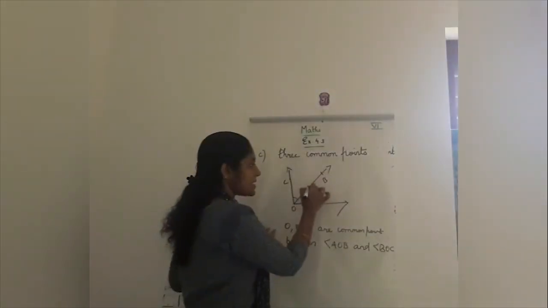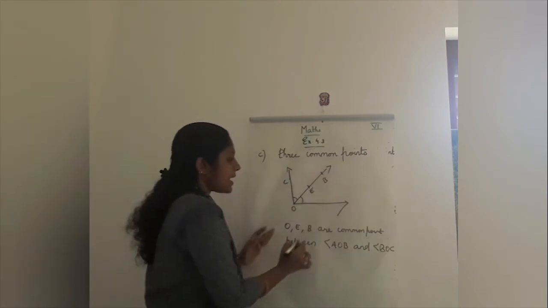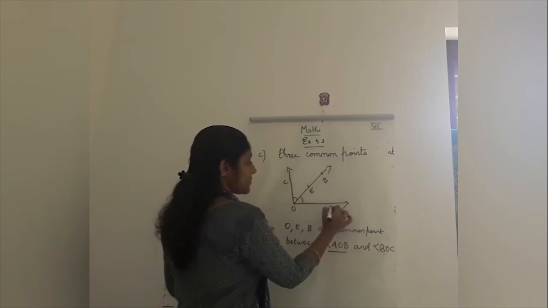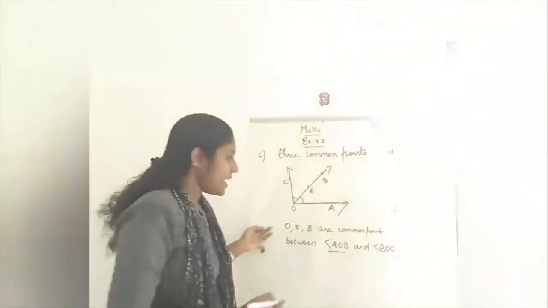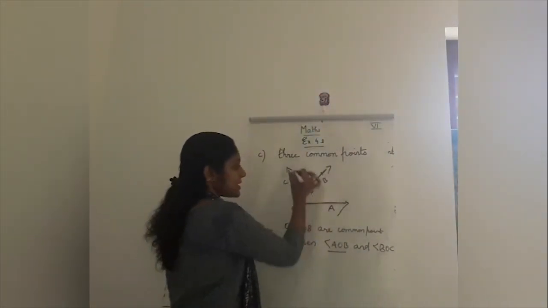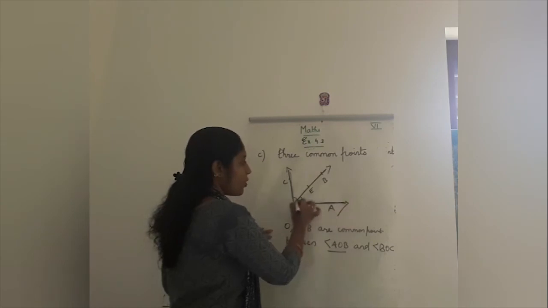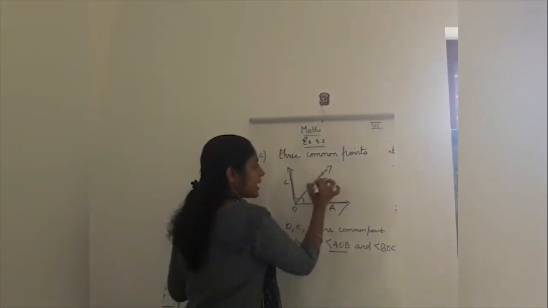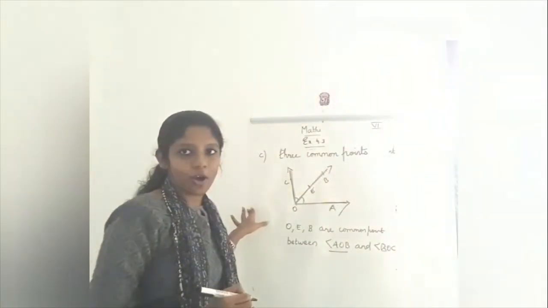O is a point, E is a point, D is a point. AOB is one angle and angle BOC is the other. So these are the two angles, with three common points: O, E and B.